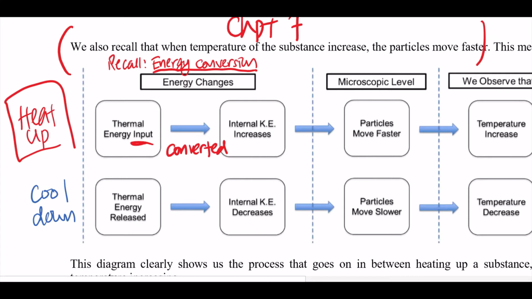Energy cannot be created nor destroyed, but can be converted from one form to another. So in this case, under usual circumstances, we give the substance thermal energy. The particles absorb the thermal energy and then it gets converted into internal KE, right?